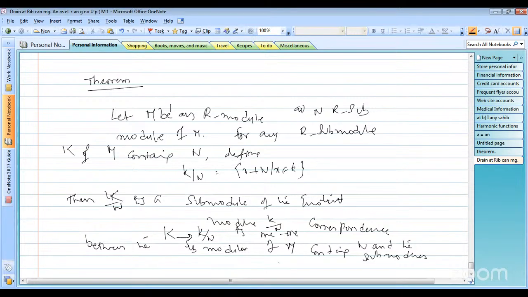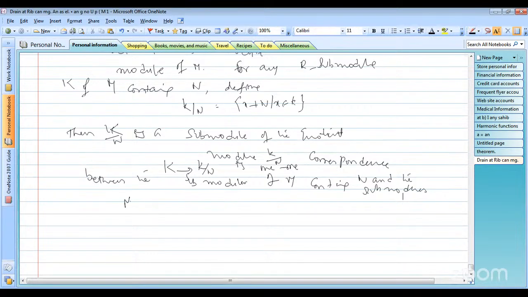Submodules you are taking here of M by N. K1 subset of K2, that is K1 by N subset of K2 by N. So K1 subset K2 containing N, K1 by N subset K2 by N.